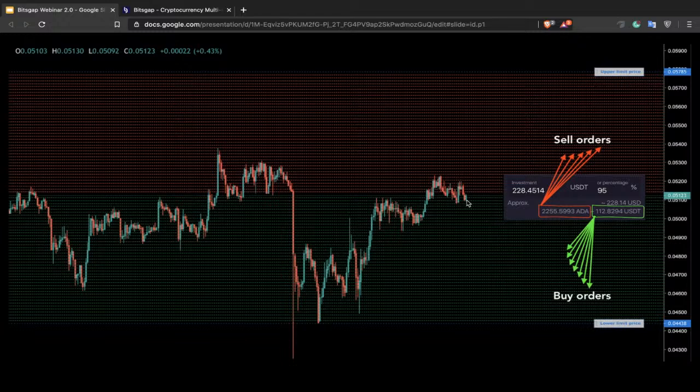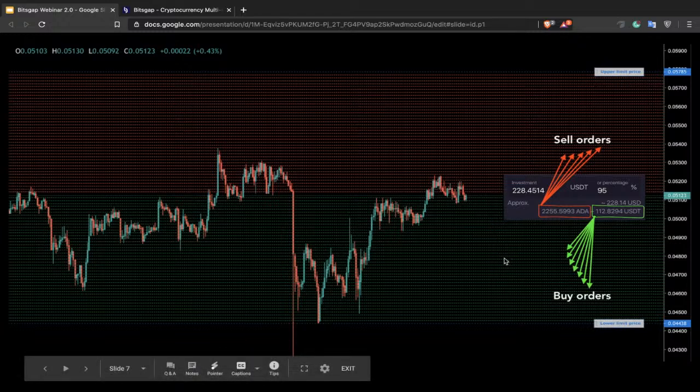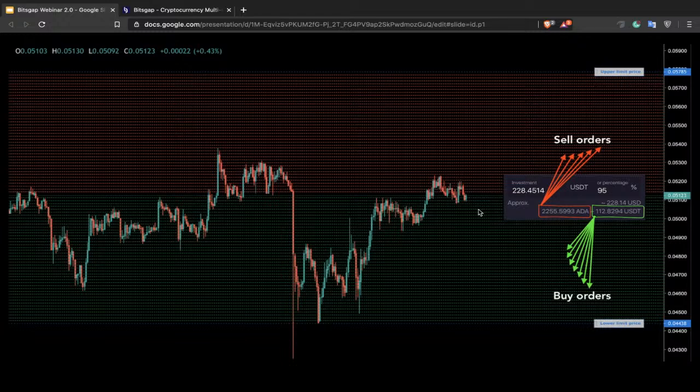That means that if the price starts falling, it will execute buy limit orders each time the price triggers one. And we also have sell orders, and you see that we have 2,255 Cardanos proportionately distributed across all of these sell orders here.